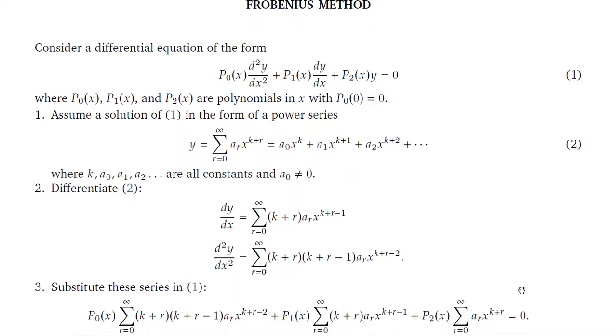Next, we find the value of dy/dx. dy/dx will be the differentiation of this term, so I get summation r from 0 to infinity, a_r is a constant here, and differentiation of x^(k+r) is (k+r) x^(k+r-1). And d²y/dx² will be the differentiation of this term, so I get summation r from 0 to infinity (k+r), a_r is a constant, and differentiation of x^(k+r-1) is (k+r-1) x^(k+r-2).